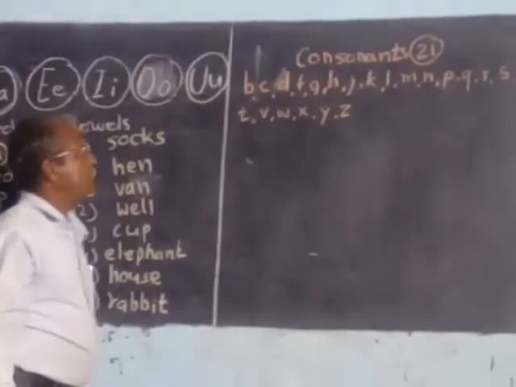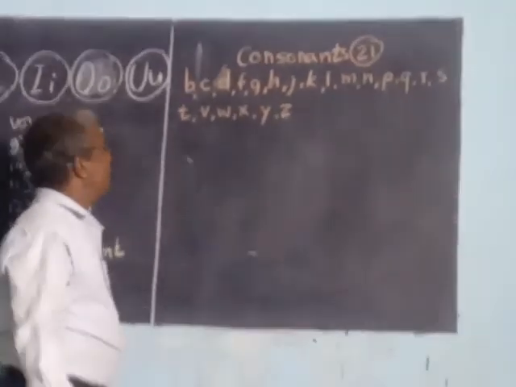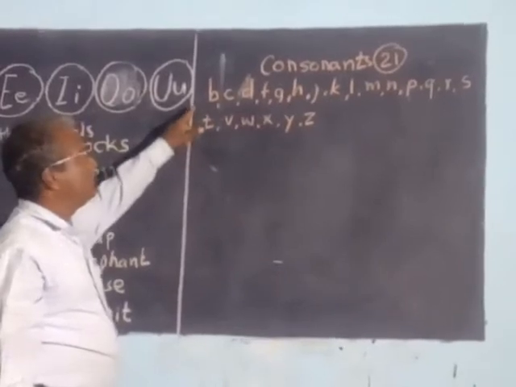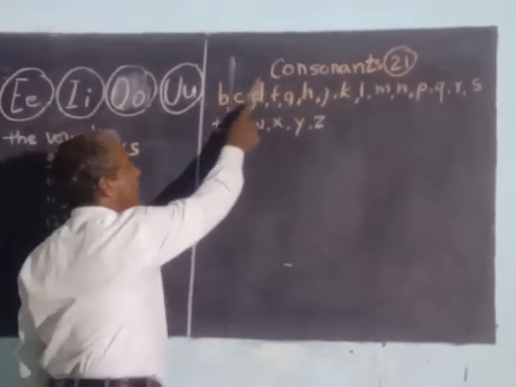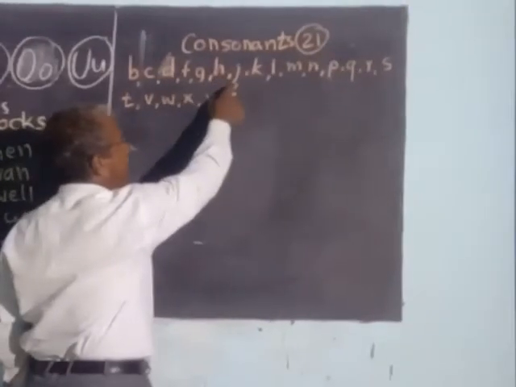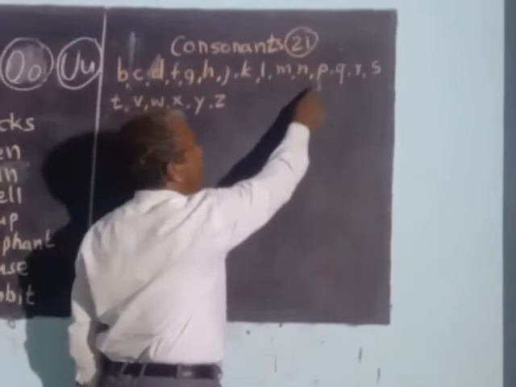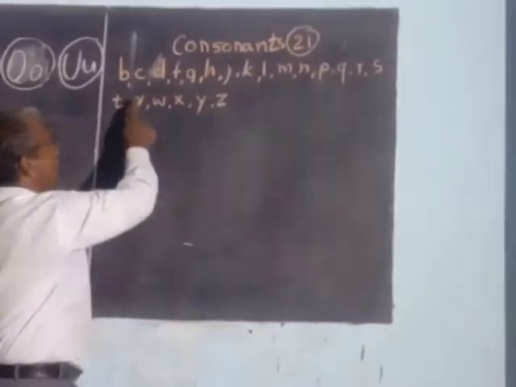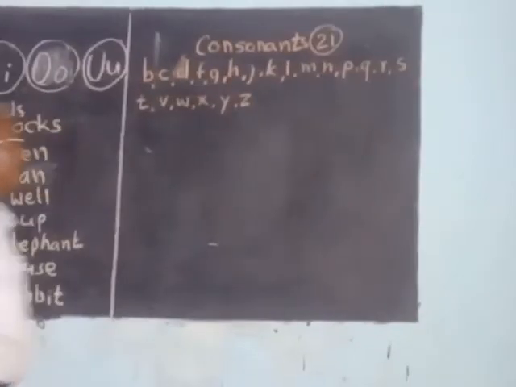There are 21 consonants from the letters A to Z. Read aloud the consonants which are on the blackboard: B, C, D, F, G, H, J, K, L, M, N, P, Q, R, S, T, V, W, X, Y, Z. These are consonants.